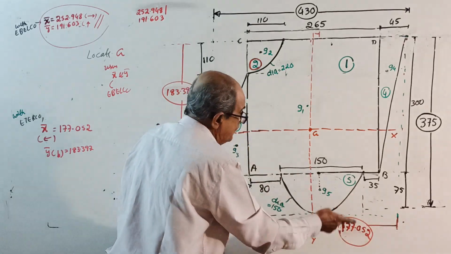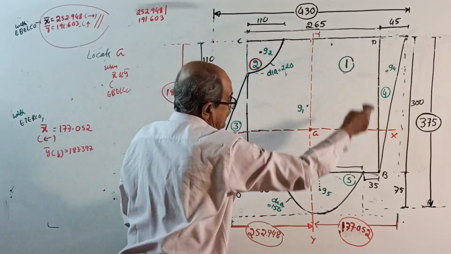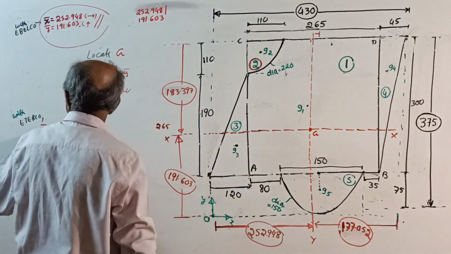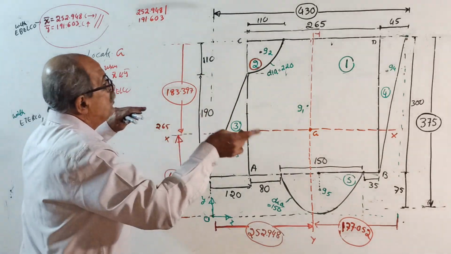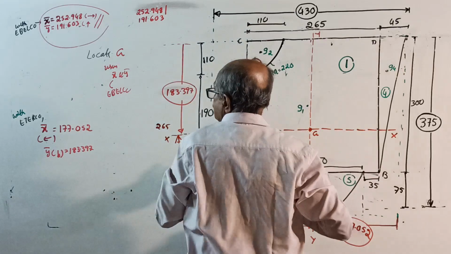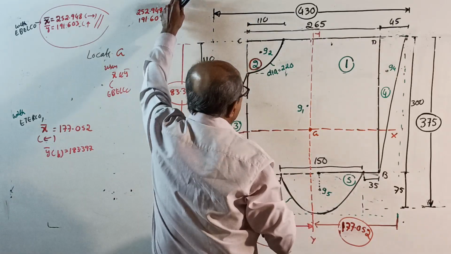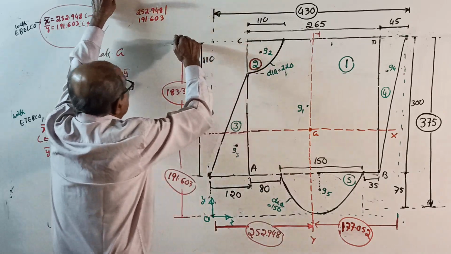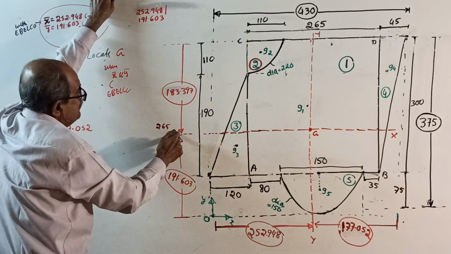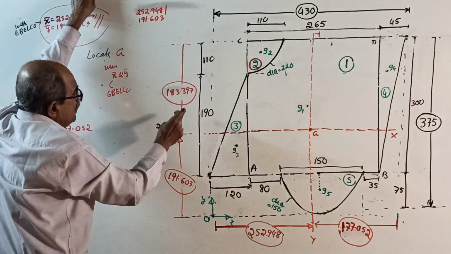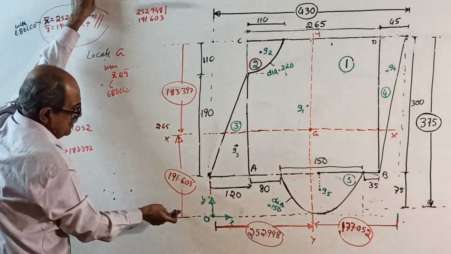Then, for them, from 430 subtract, you get this distance. And those who are going for Aterco, their y bar is from top. How much will they get? 183.397. Oh, yes, see here. Then from total 375, subtract 183.397, you will get this distance.